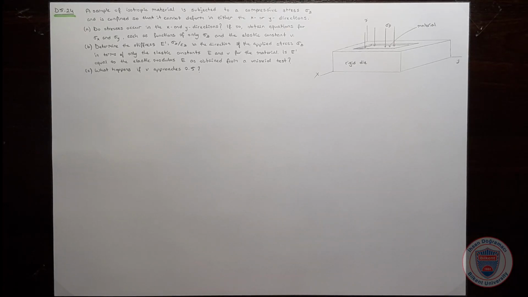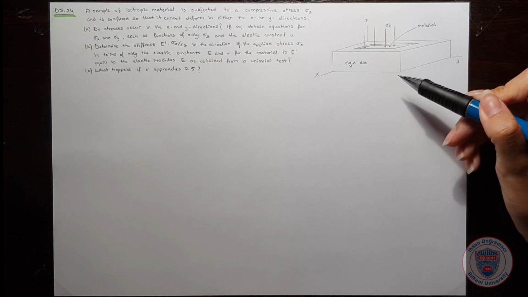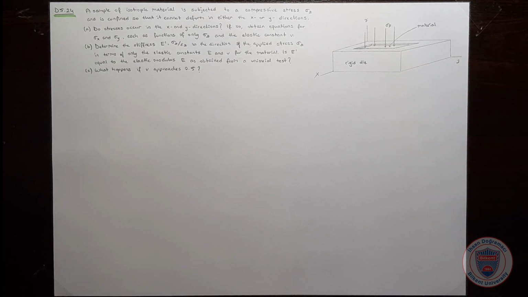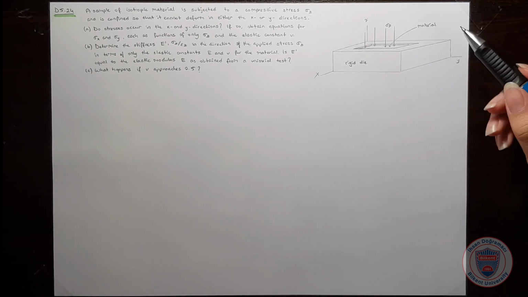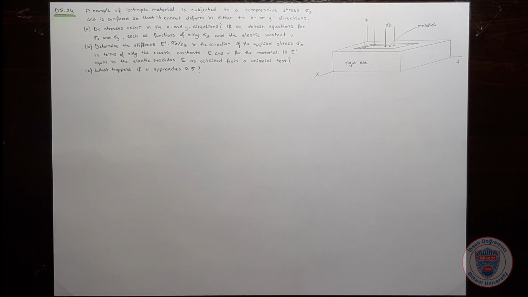In this question, we have an isotropic material which is subjected to a compressive stress sigma z, and it is confined so that it won't deform in the directions x and y. In part A, we would like to find if there are any stresses in x and y directions.